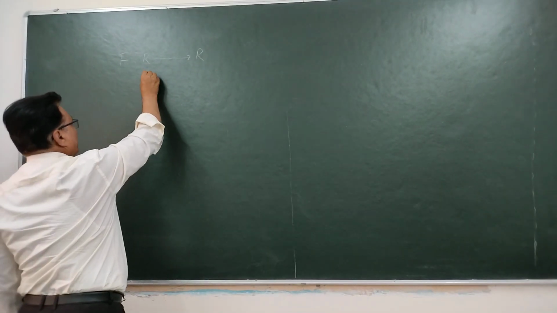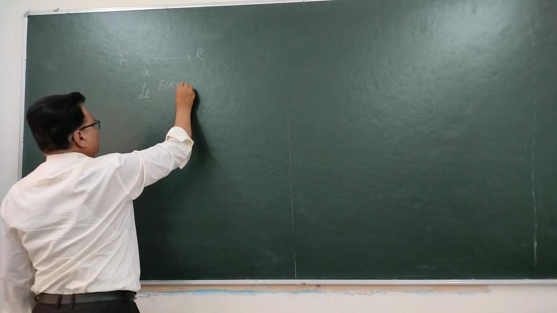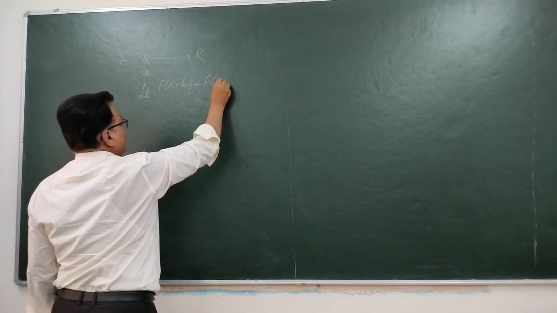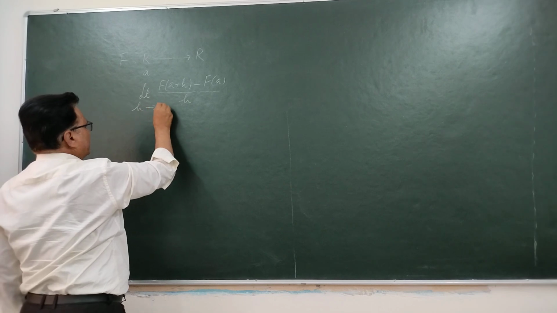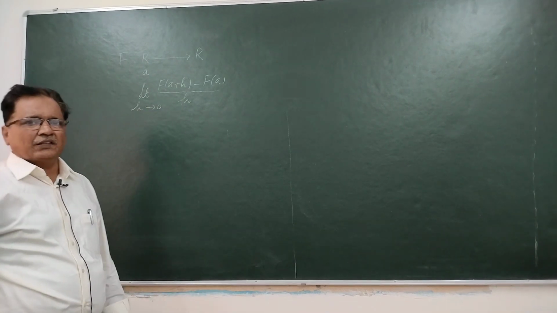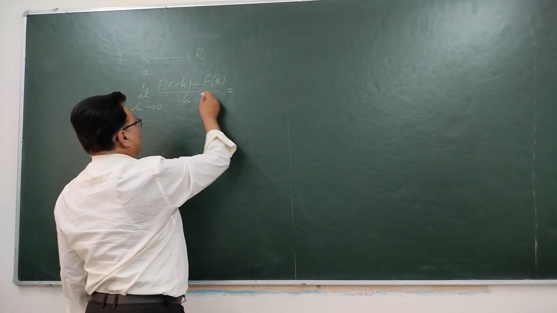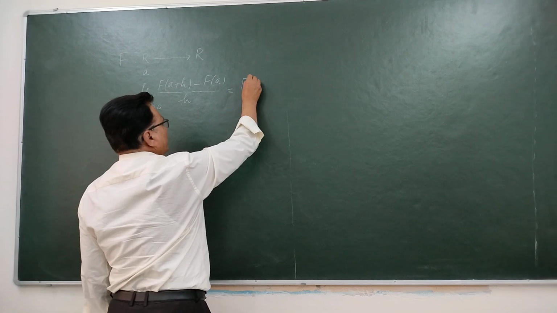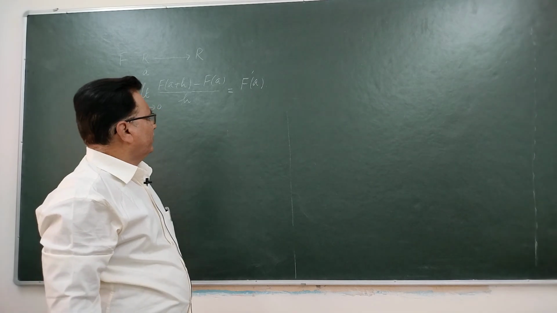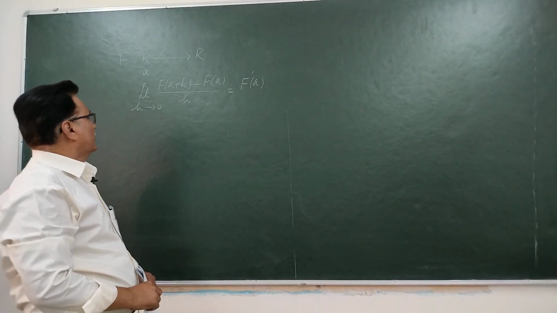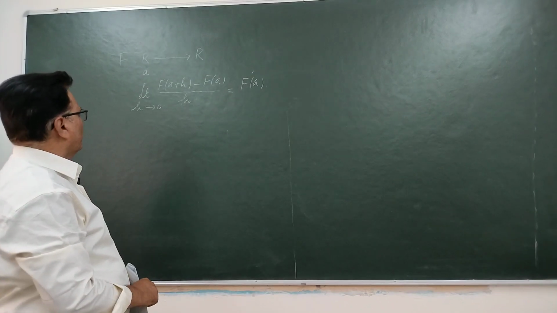If I take a point a, and suppose the limit of (f(a+h) - f(a))/h exists when h tends to 0, we say that the function is differentiable at the point a, and this is in fact a real number we denote by f'(a). So the derivative of a function f'(a) is a real number for functions from R to R. This definition is known to us.